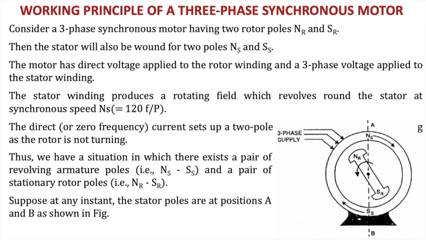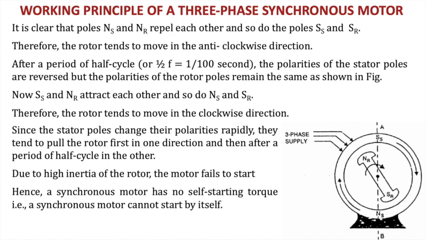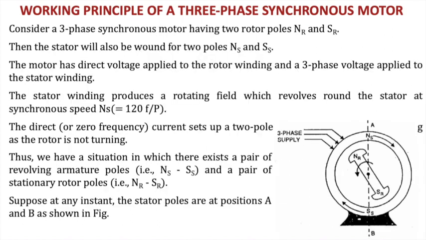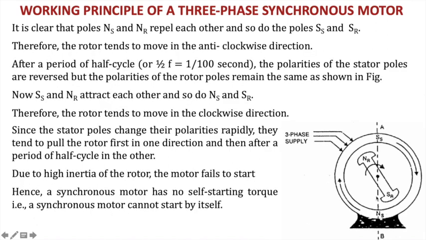Suppose at any instant this is the situation, then because they are similar poles, they will try to repel each other. The north pole will come towards the south pole, and the south pole of the stator will repel the rotor south pole. But suppose after some time the north pole is facing the south pole, and the south pole of the rotor is facing the north pole of the stator. It will try to continue in that position, because that is a stable position.